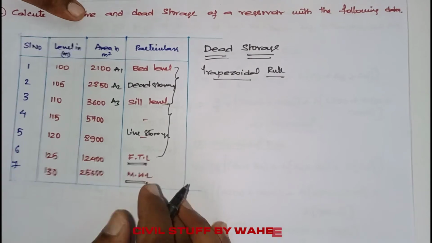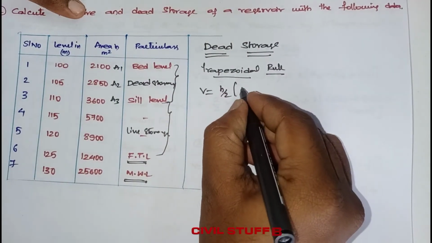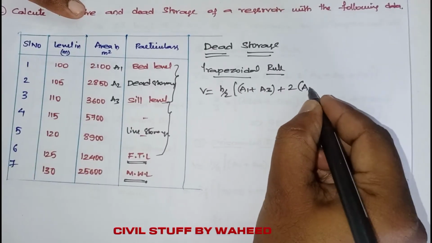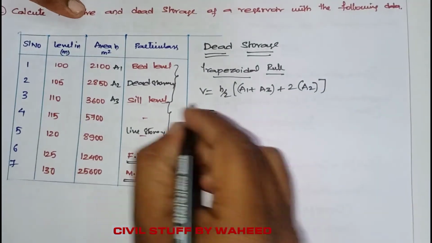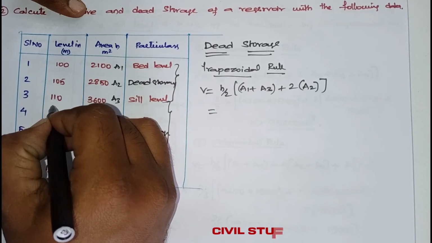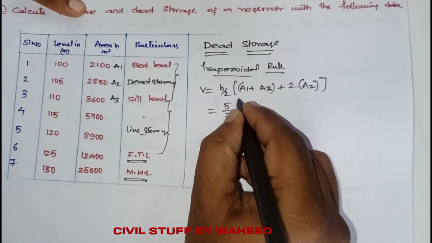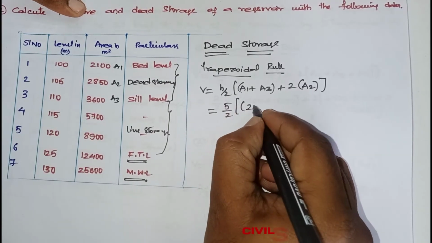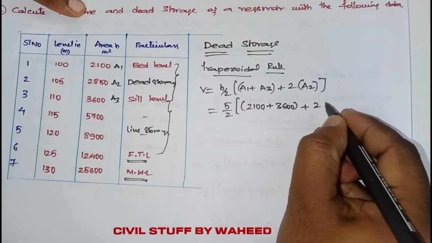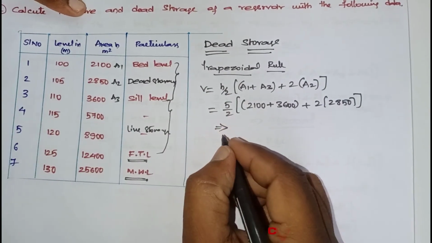Now what is the formula? V equals H by 2 into first area plus last area plus 2 times of remaining areas. Now here the difference is 100, 105, 110, 115, which means it is 5. So 5 divided by 2 into first area 2100 plus last area 3600 plus 2 times of 2850.